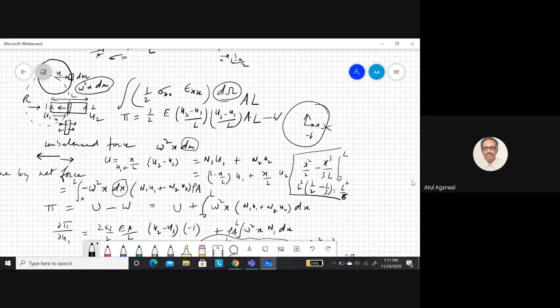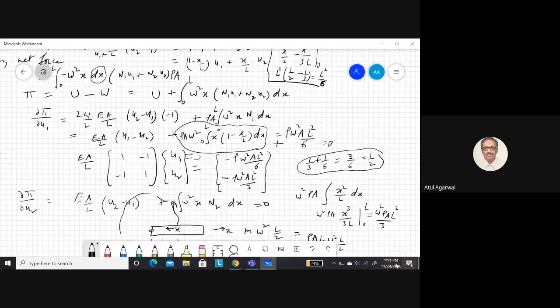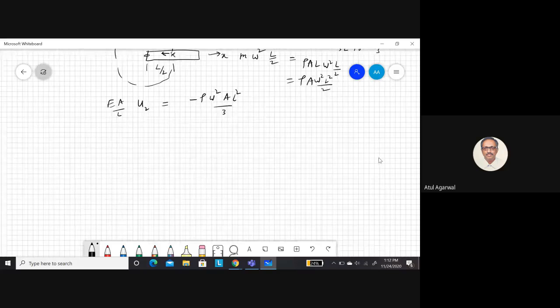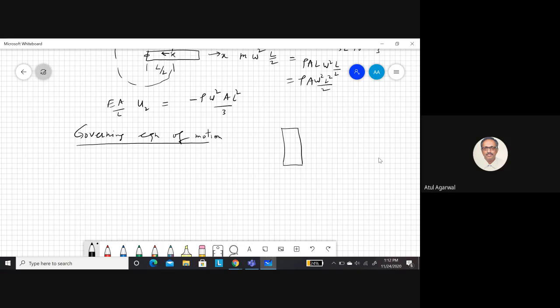Okay. What we do, we write a governing equation of motion. What is the governing equation of motion? Suppose you got a case of this bar hanging.